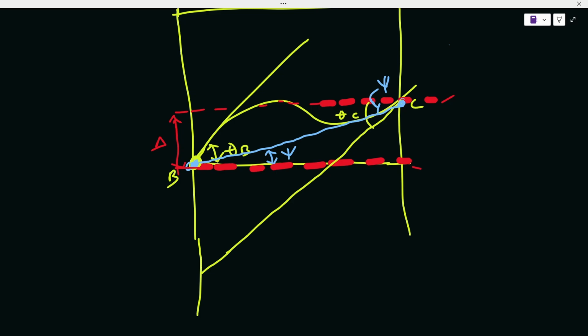In Mohr's theorem, to establish the distance from here to here, this is our elastic curve, this lemon line all the way.